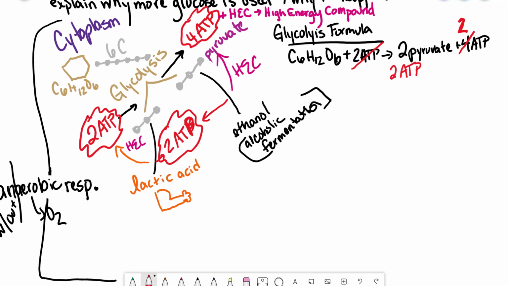So a lot of sugar is getting broken, but it's very inefficient because we're not making very much ATP. We're only making 2 from the lactic acid, right? So it is not an efficient process. It's not going to give us very much energy compared with the 38 we'll get at the end of cellular respiration. However, more sugar is broken up quicker in the lactic acid and the alcoholic fermentation.